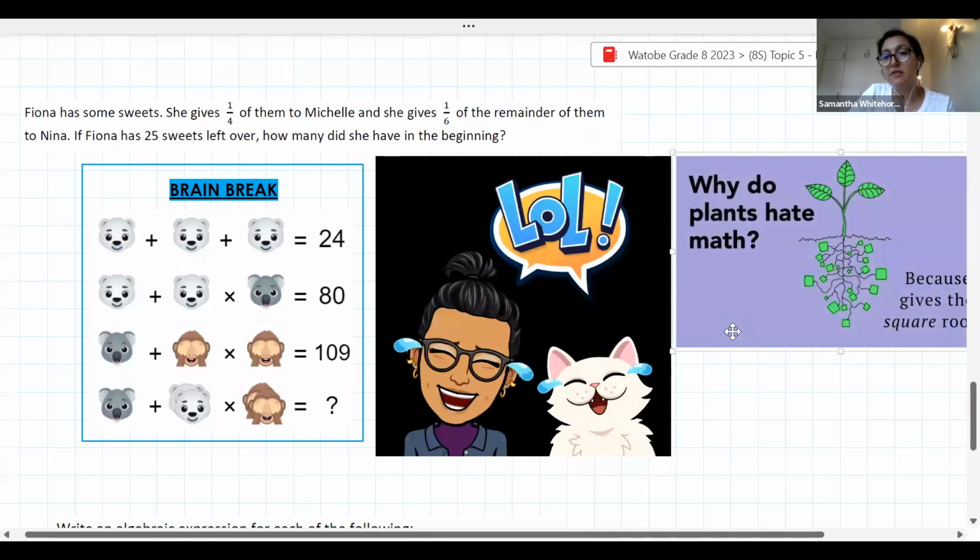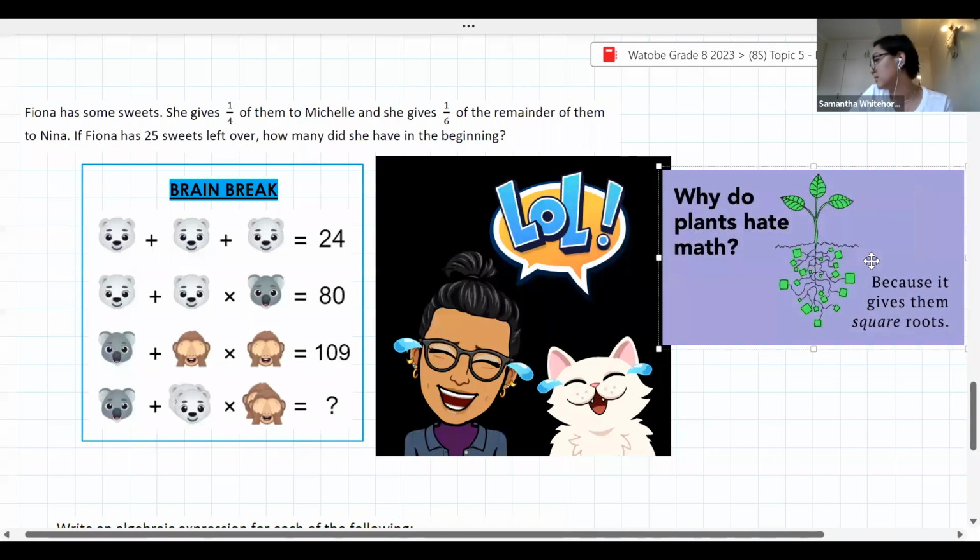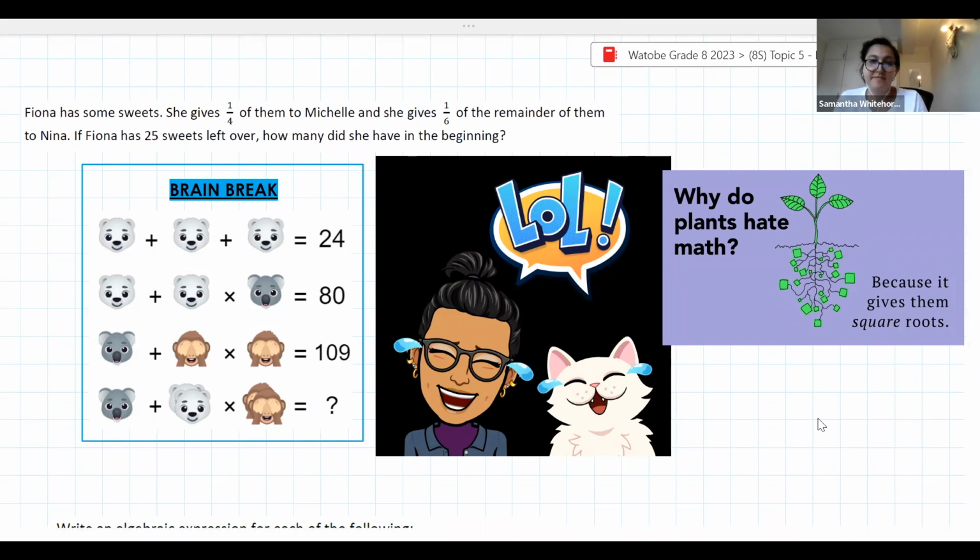Did anyone figure out why it was 40 sweets? Can anyone explain it to us? Otherwise, I'll quickly go through it. Oh, no one. Okay, it was quite a hard one.